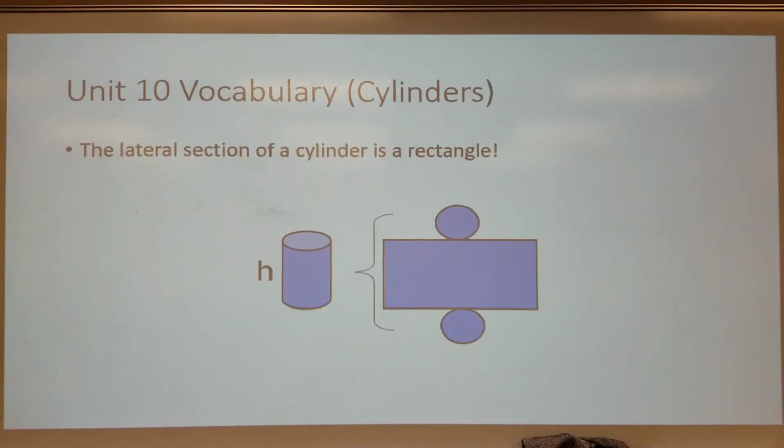And the lateral area of our cylinder is a rectangle. Now, I've done a little bit of work with this already, showing you all that the lateral area in a cylinder is indeed a rectangle when I showed some work with our handy dandy paper towels.